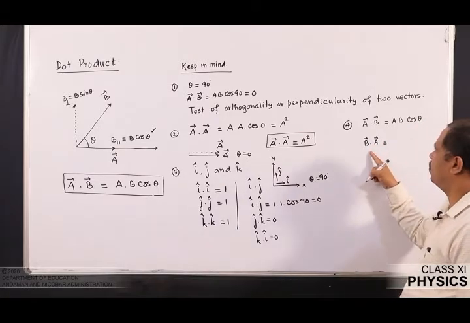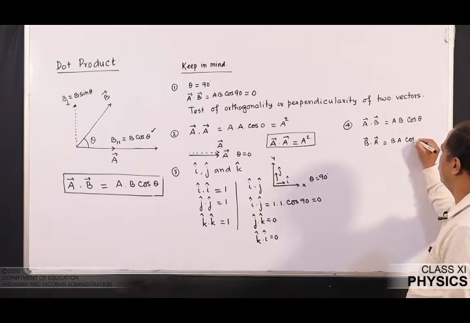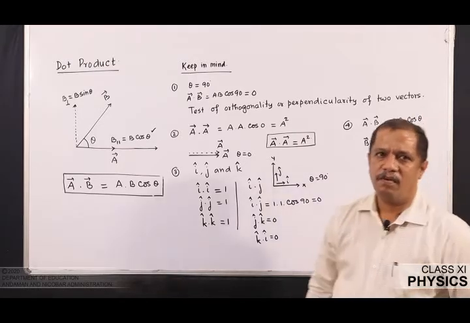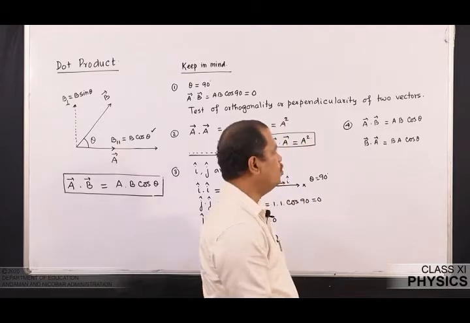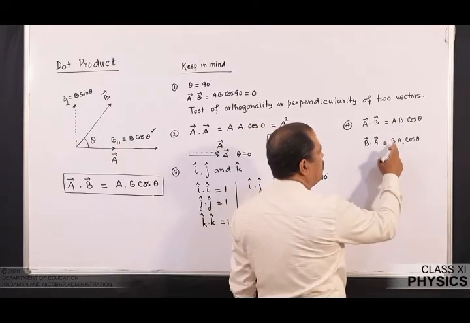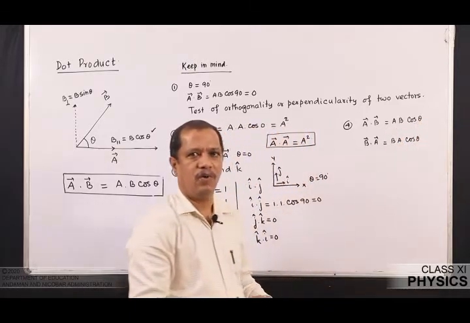If I follow the same rule, it is magnitude of B times magnitude of A times cos theta. So, the right hand side is the product of the magnitudes. You either multiply A into B into cos theta, or B into A into cos theta, and the right hand side is going to be equal.